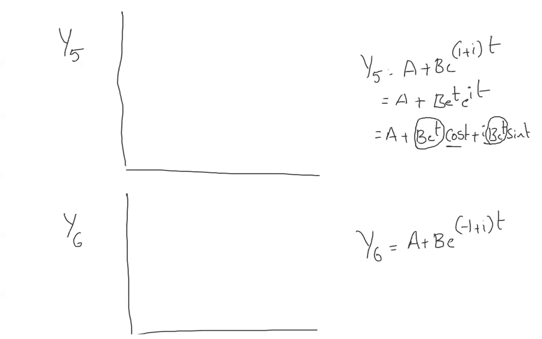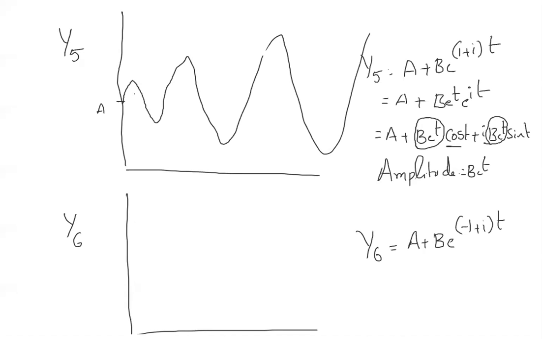B into e power t. Does the amplitude increase or decrease as a function of time? It starts somewhere from B, and then it keeps on increasing.